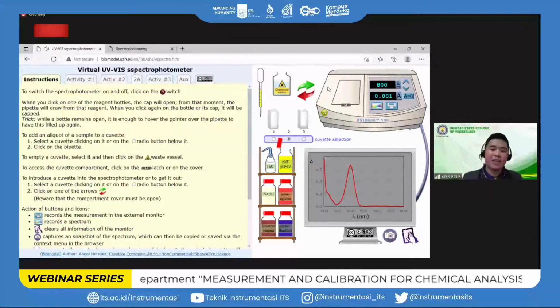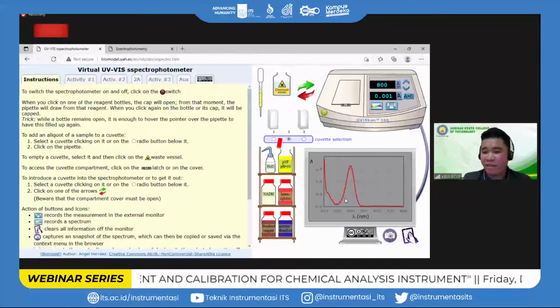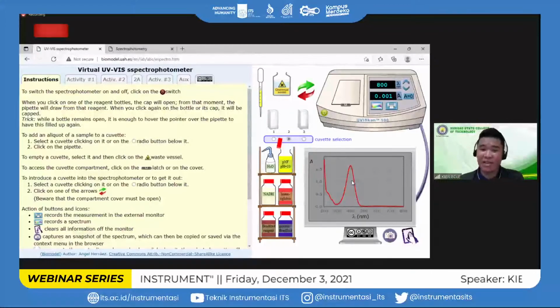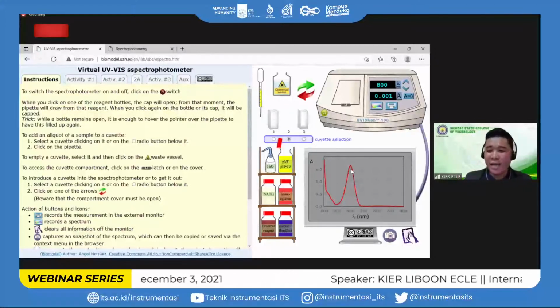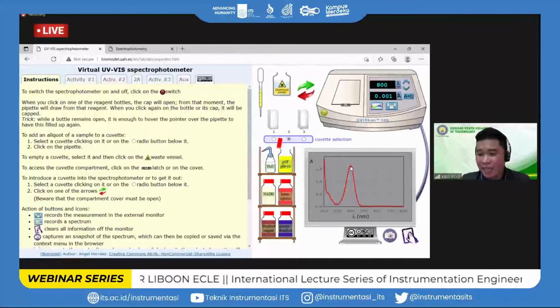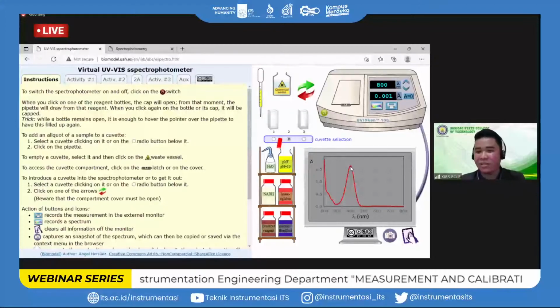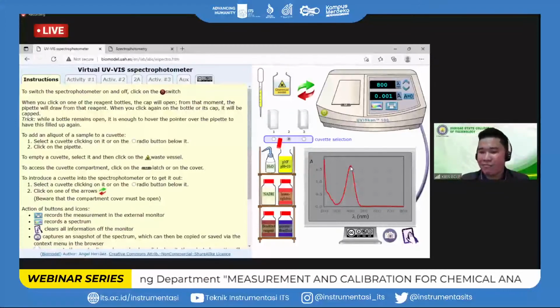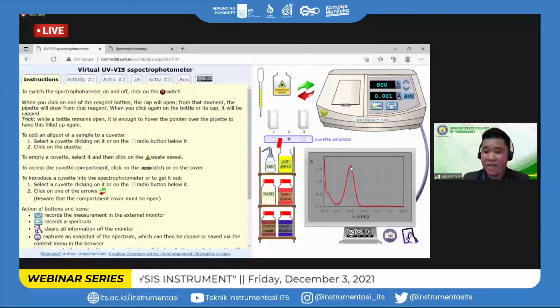Okay, so we could now determine that the lambda maxima is near 400 nanometers, but it's not exactly 400 nanometers. The lambda maxima of the PNF solution is at 405 nanometers.